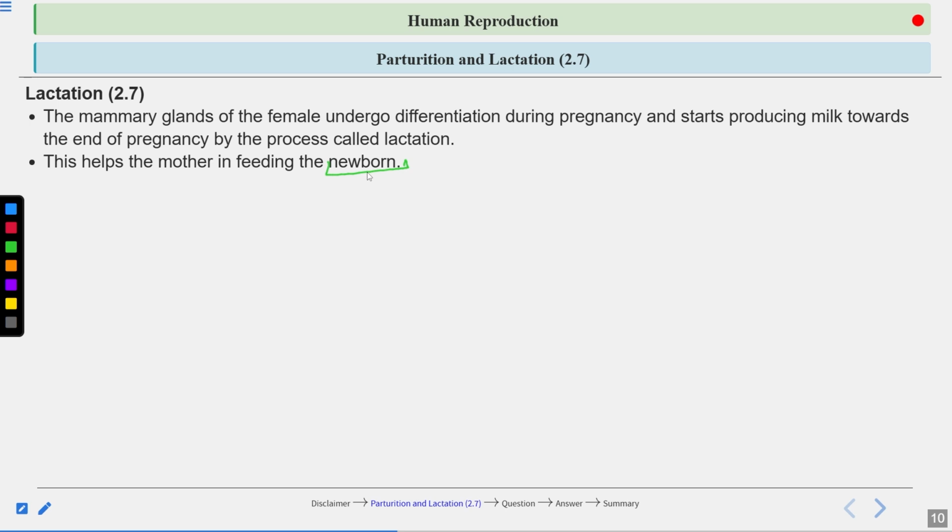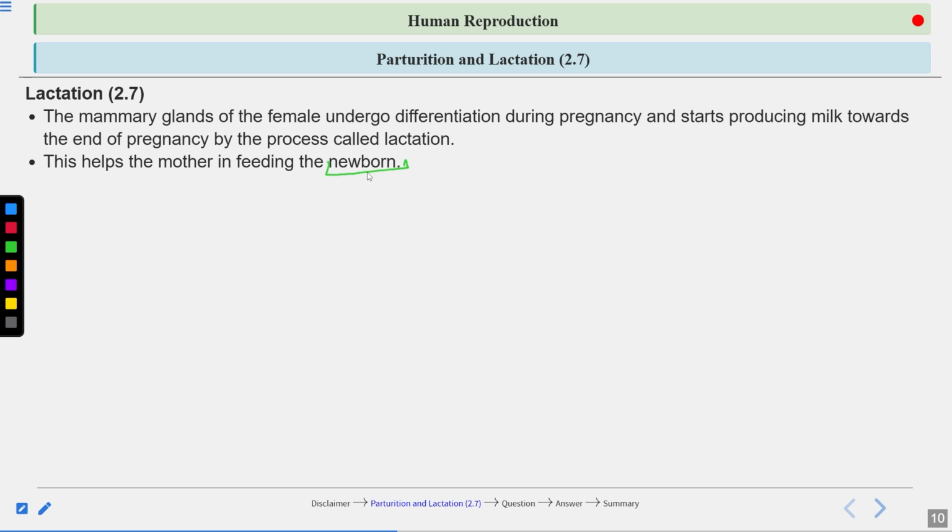This colostrum is yellow and quite thick, and it consists of a lot of nutrients as well. It consists of the antibody IgA, and vitamin A, vitamin B12, vitamin K as well, and of course the antibody known as immunoglobulin A.